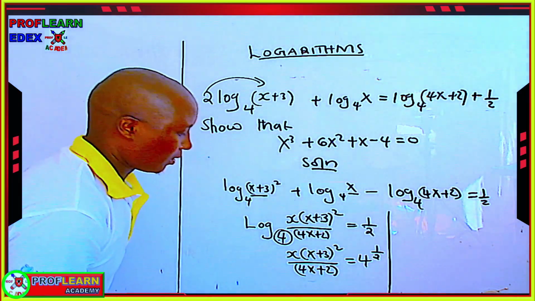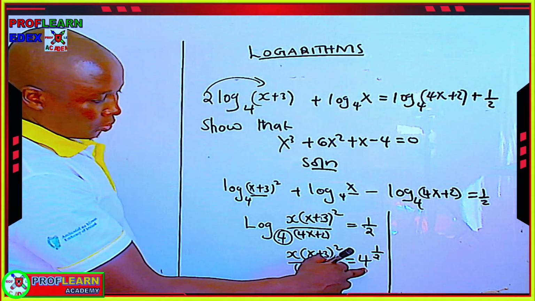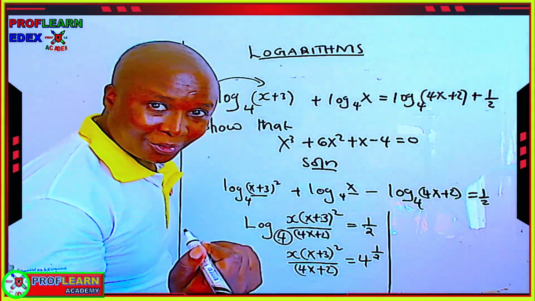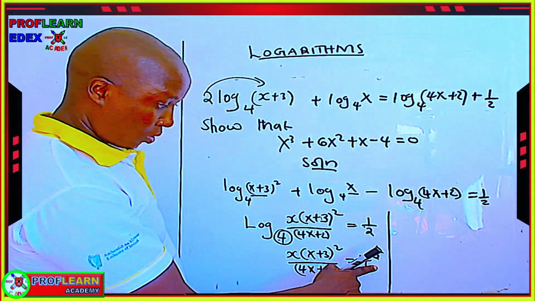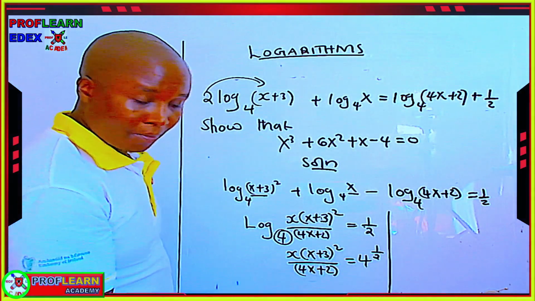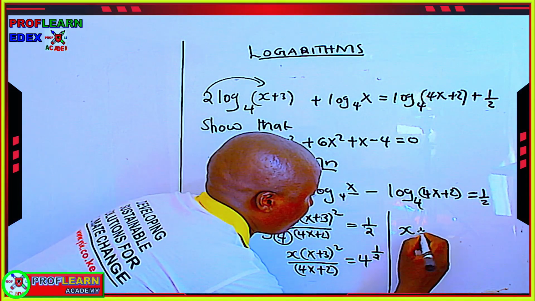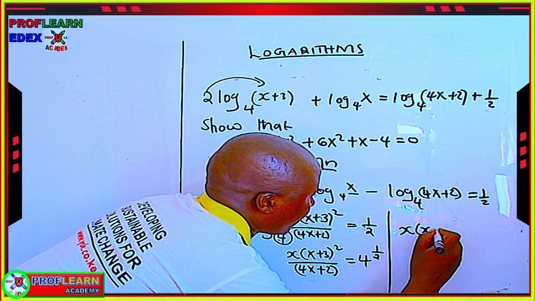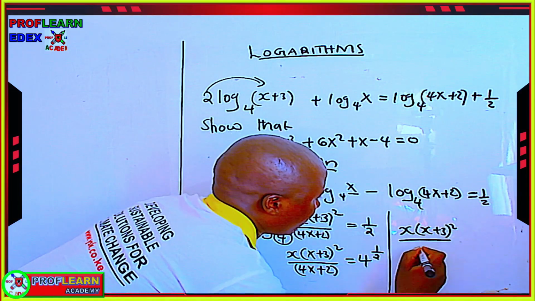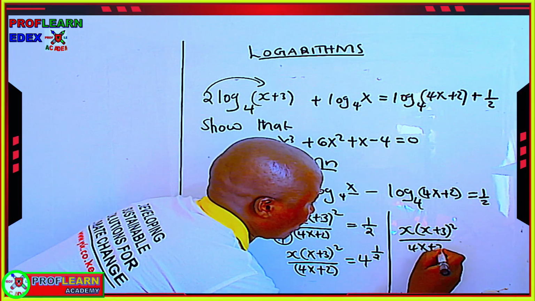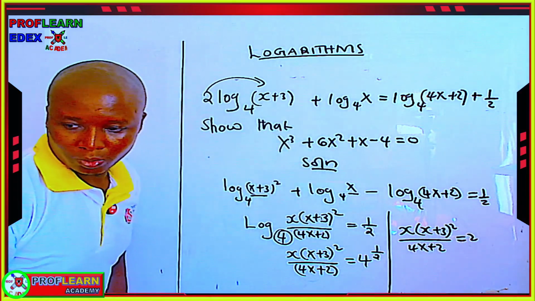And that will mean if you raise this to power 2, this becomes 2. This is like the square root of 4. So that becomes x into (x plus 3) squared over (4x plus 2) equals 2 at that point.